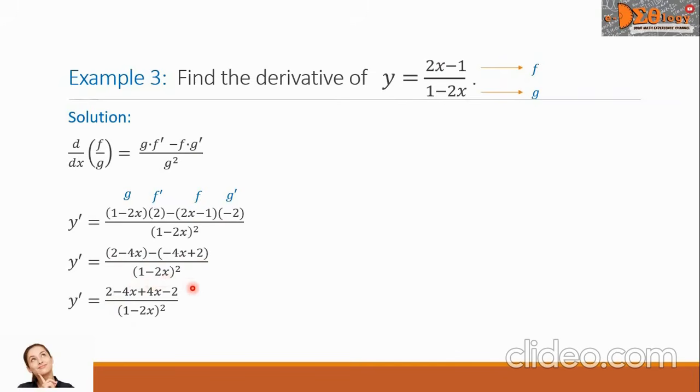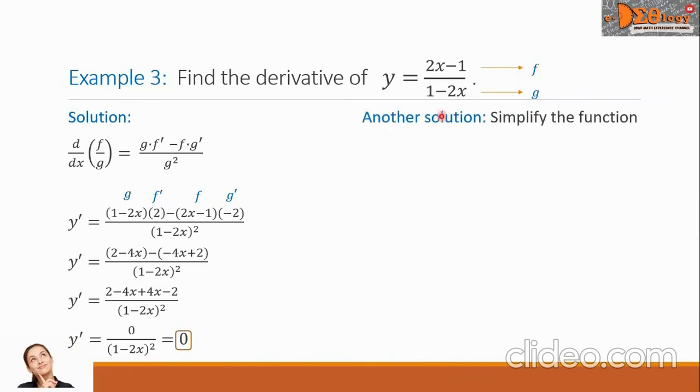Let us combine similar terms of our numerator. It is now simplified into 0 all over the same denominator, the square of the quantity 1 minus 2x. So the final answer for y prime is simply 0.